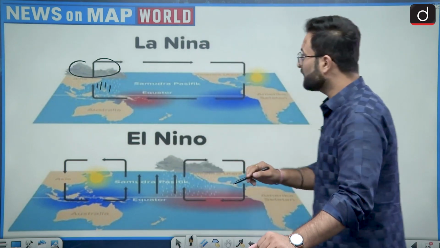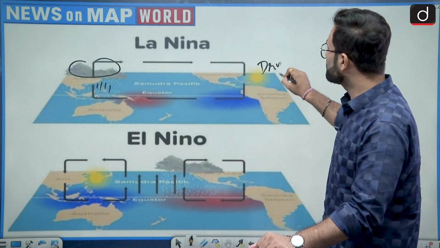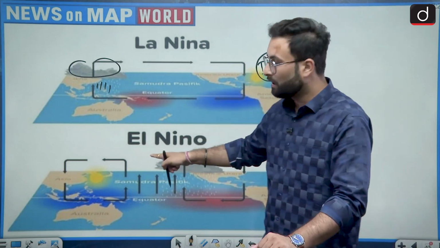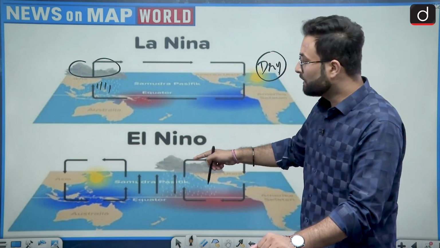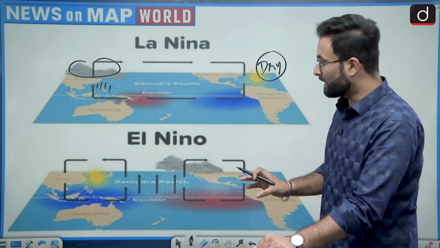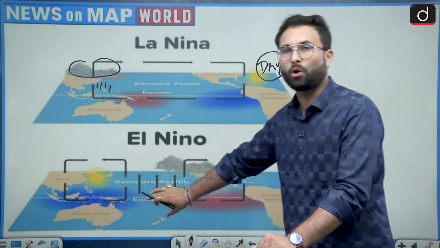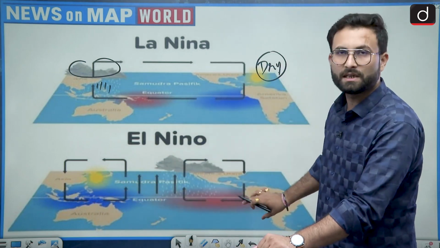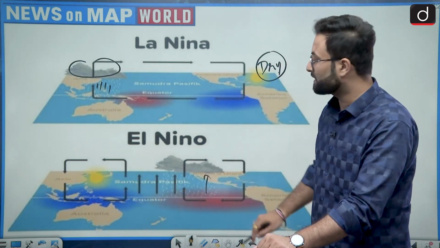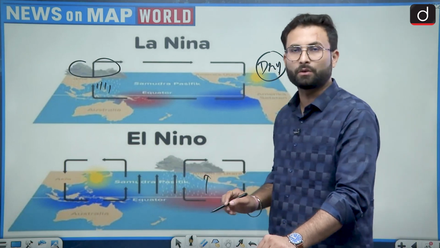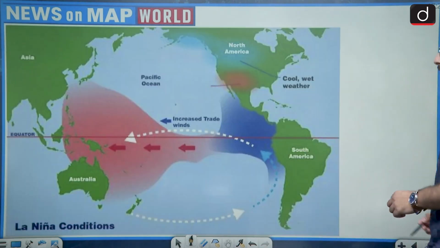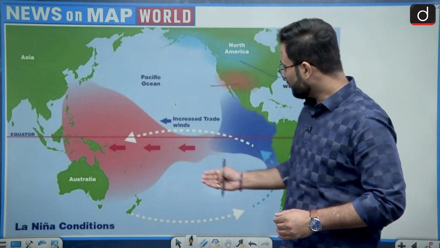And here you will witness dry conditions. Now coming to the El Nino condition, the exact opposite thing will happen: from Asia, these hot waters go towards the areas of Chile and Peru, and here you will see convection, and the rain will happen over there.